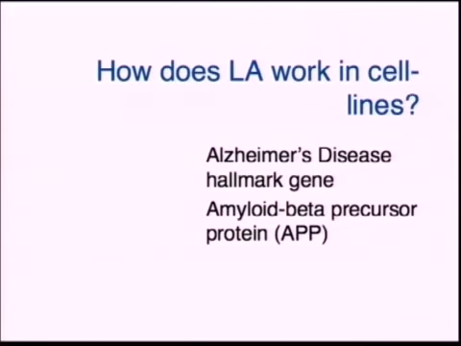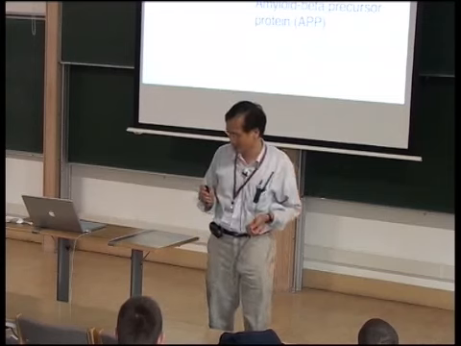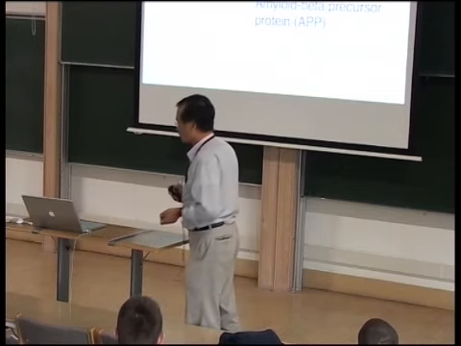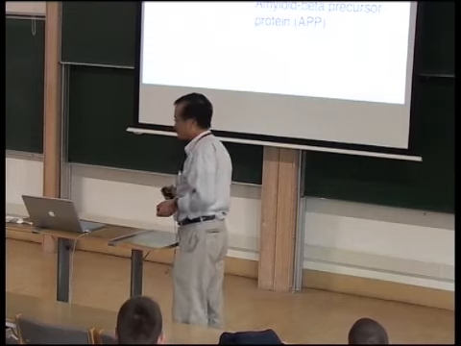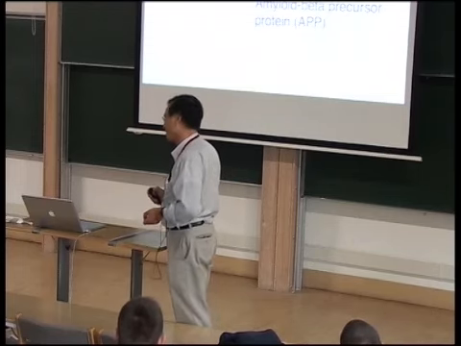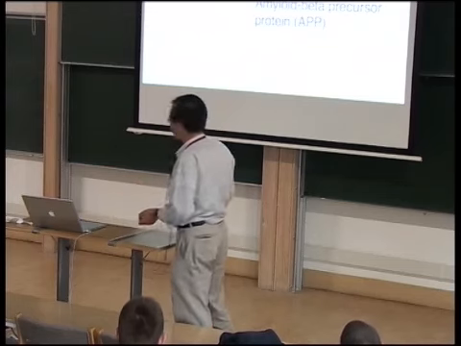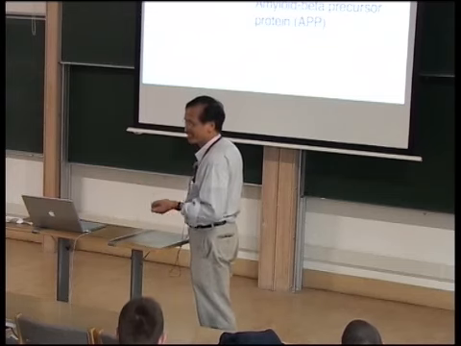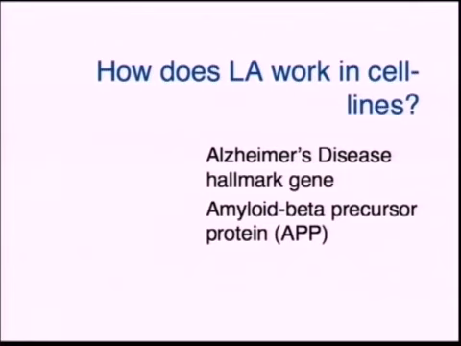And I must confess that when I started, I had no idea what to come up with. It just came out of some dinner conversation with my wife, and I was not focusing on anything. And she said, you must have Alzheimer's disease. And I said, okay, well, I'm going to look at what this gene is. So I looked at the literature and found that the most important gene is amyloid beta precursor.